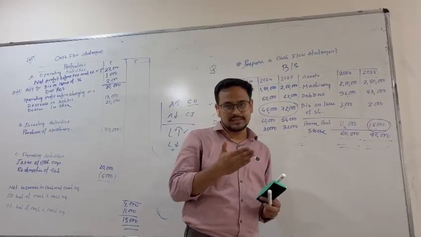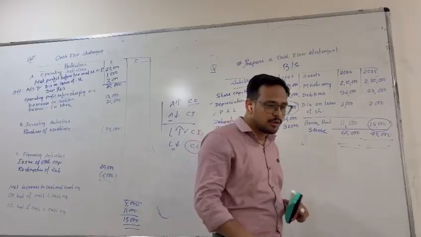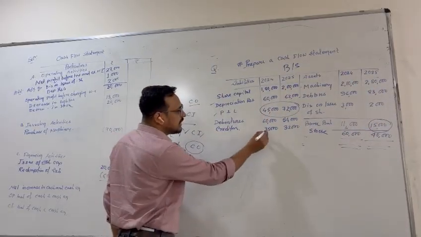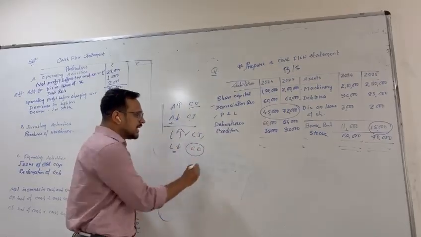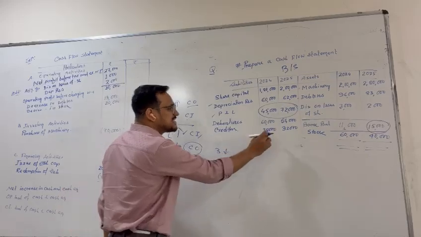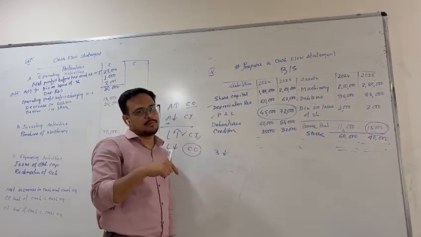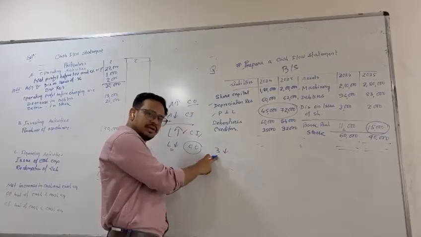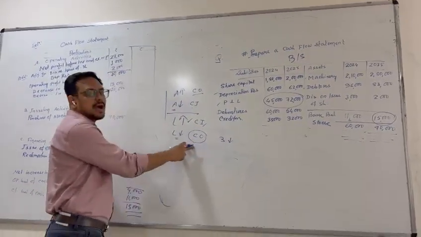Because stock decreases, asset decreases means inflow. Then what is left? Your creditors. Creditors, see, 35 to 32. It means 3,000 decreases. Right? 3,000. What is the change? 35,000 last year, 32 is the current year. So 3,000 decreases. So decreases means outflow.